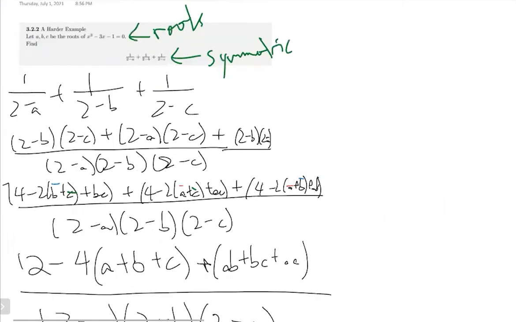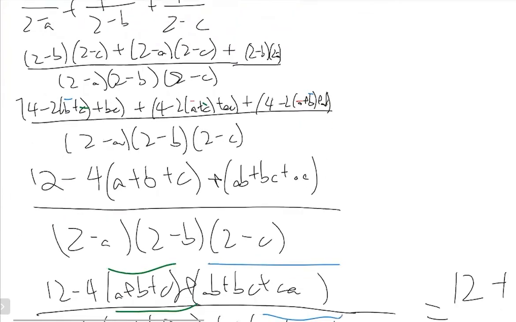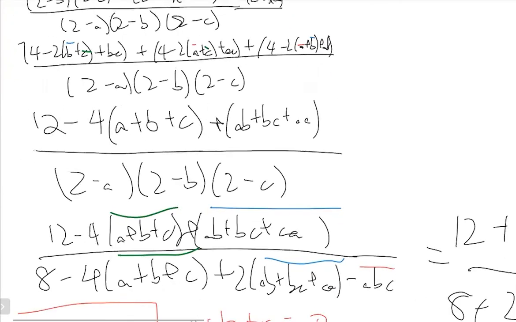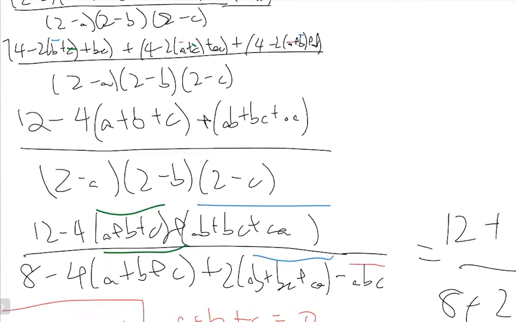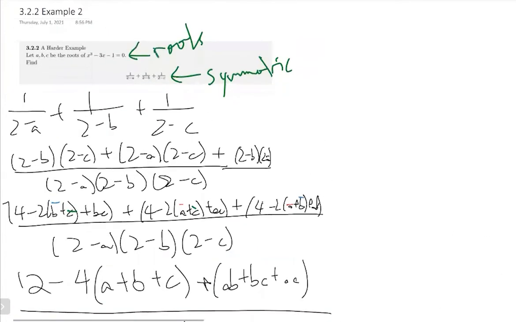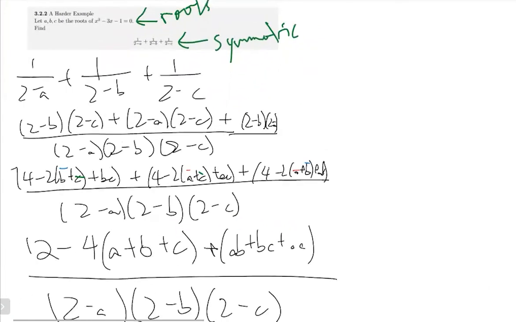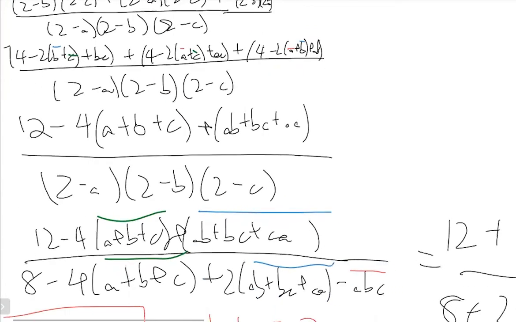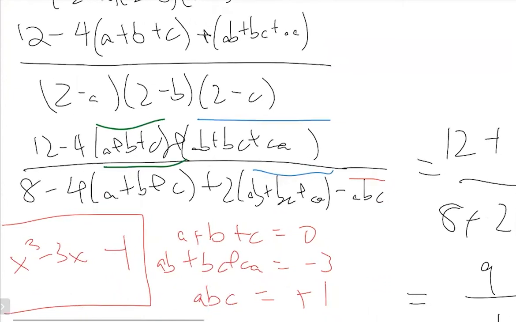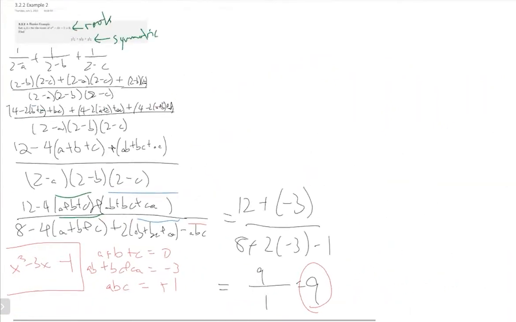But with Vieta's, you can find the sum of the roots, the pairwise product, etc. So you want to manipulate the expression into a form where you can plug in those values. For example, our last expression here is one where we can use Vieta's formulas to plug in values. And so you can clearly see how helpful Vieta's was.